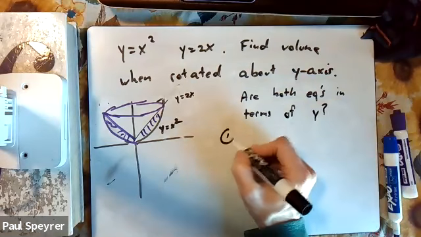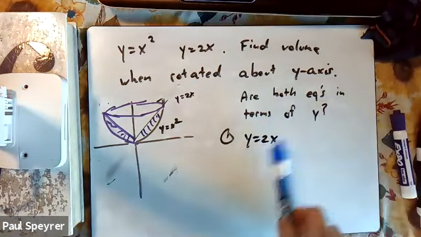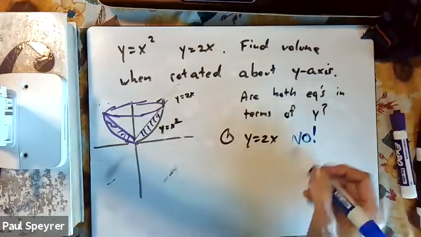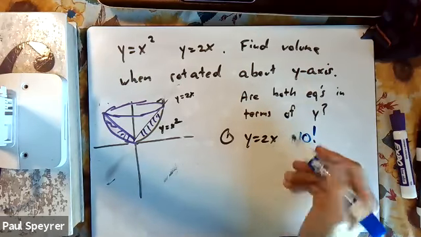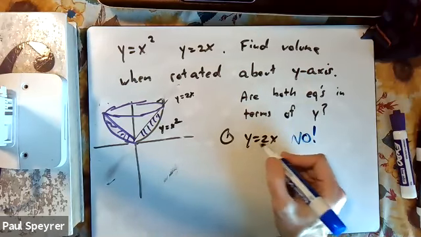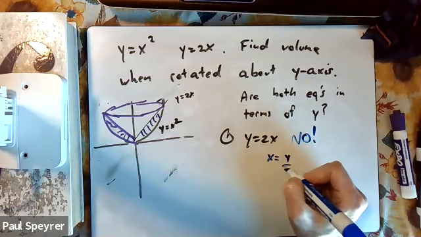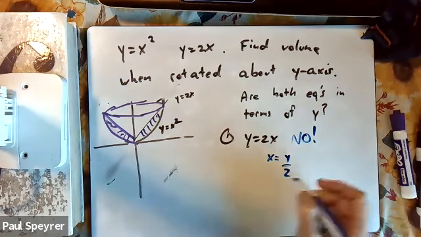So we have one, y equals 2x. Is that in terms of y? No. Remember, in terms of y means it has to be x equals something, which it isn't. So if we solve it for x, you get x equals y over 2, right? Because you're just dividing both sides by 2. That's the equation that you would use right there.